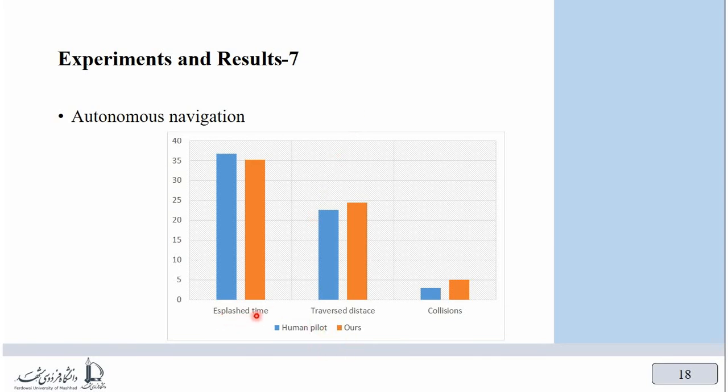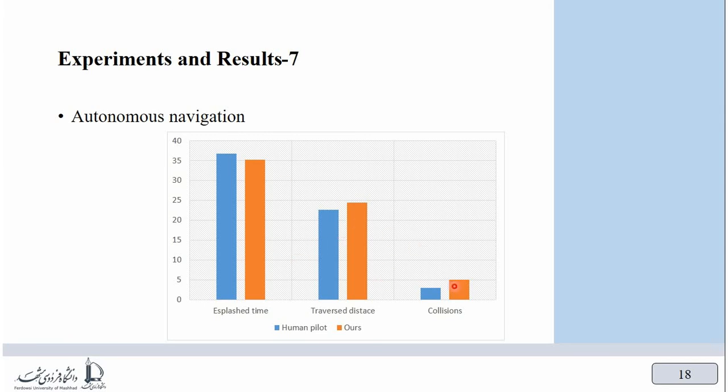The completion time for the human pilot was much higher than our policy, so our policy is time efficient, but the traversed distance of the human pilot is much less than our agent, because the human pilot is able to predict obstacles from much greater distances, but our agent postpones its decisions until it comes to an obstacle, and it's much more flexible than the human pilot.